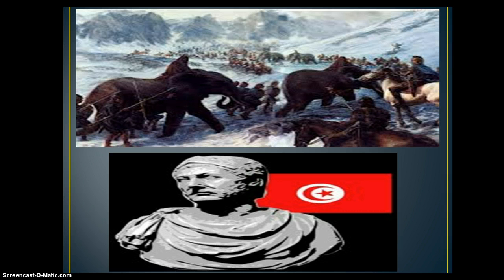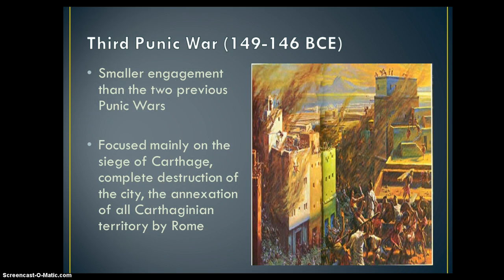Here's a depiction in Tunisia now of Hannibal, and here's a picture depicting what it would have been like going over the Alps with war elephants. In any case, there's another Punic War, and it's a smaller engagement than the two previous, focused mainly on the siege of Carthage.